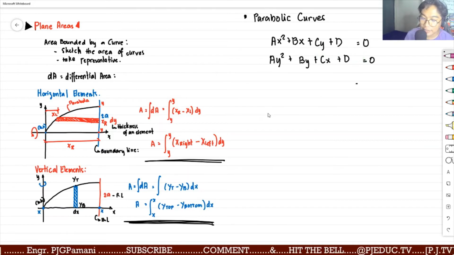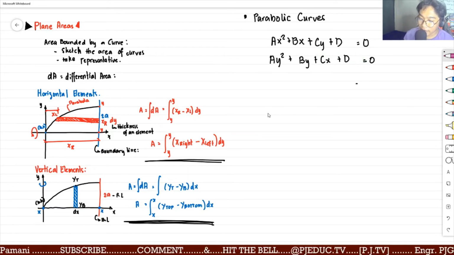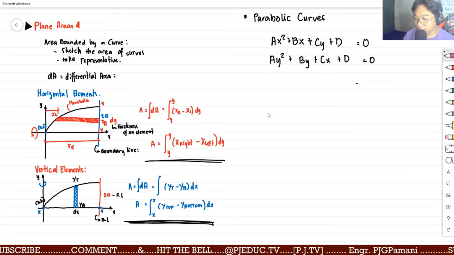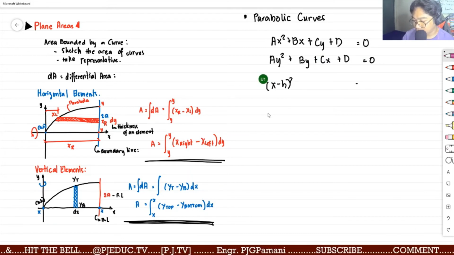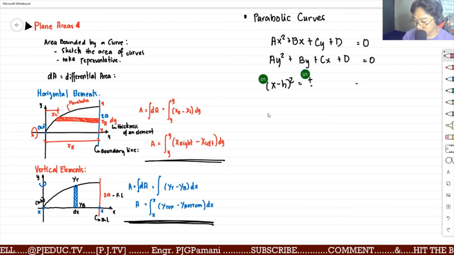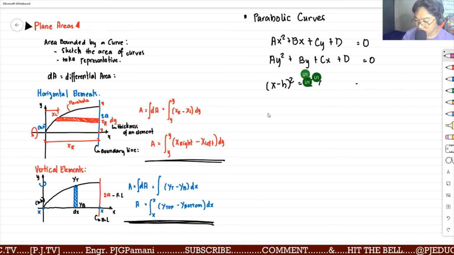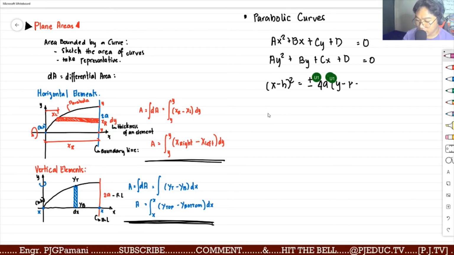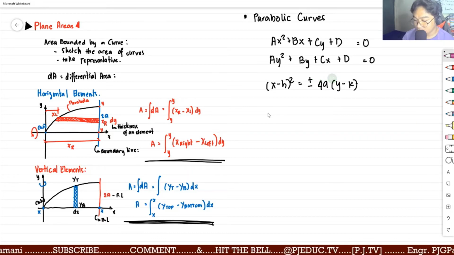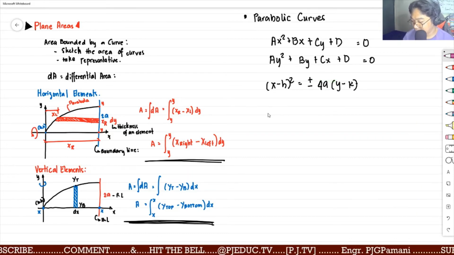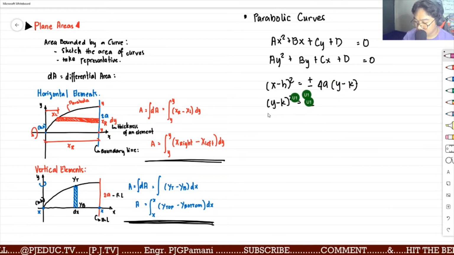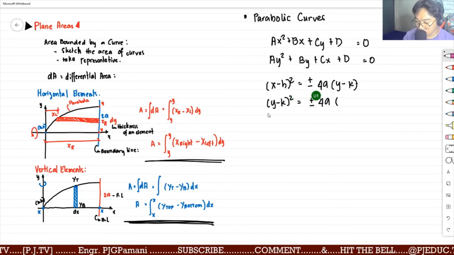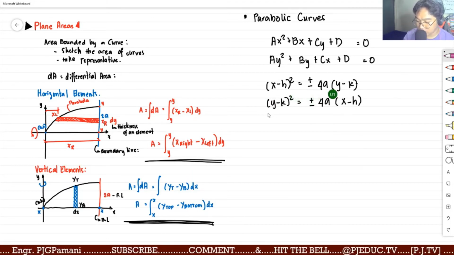Such that the standard form, by completing the square, is either x minus h squared equal to plus or minus 4a times y minus k, and lastly, y minus k squared equal to plus or minus 4a times x minus h.